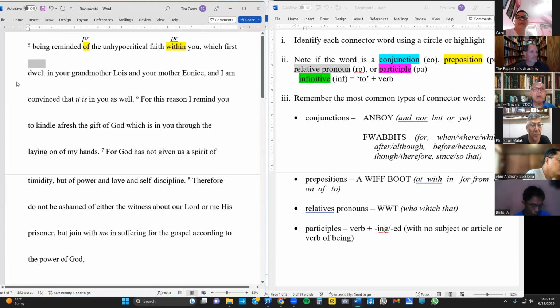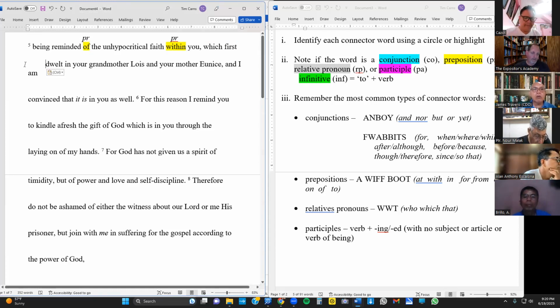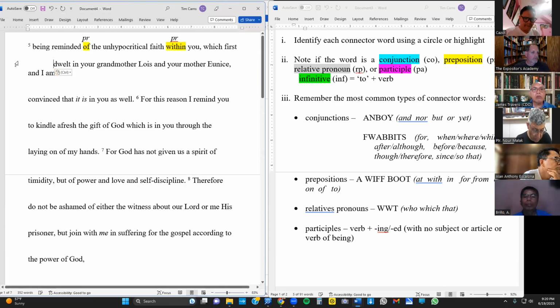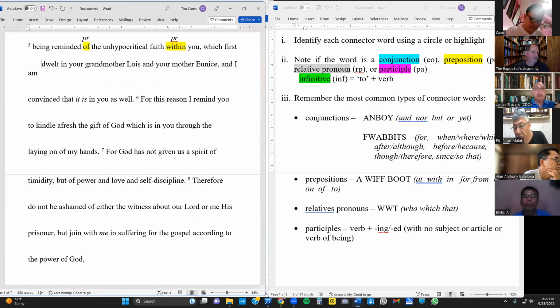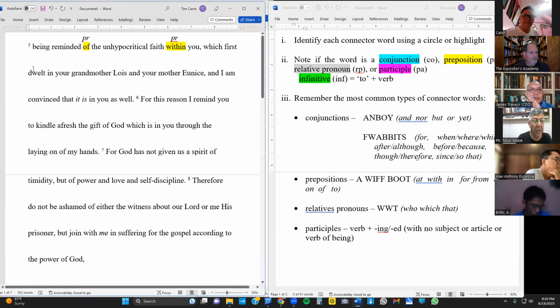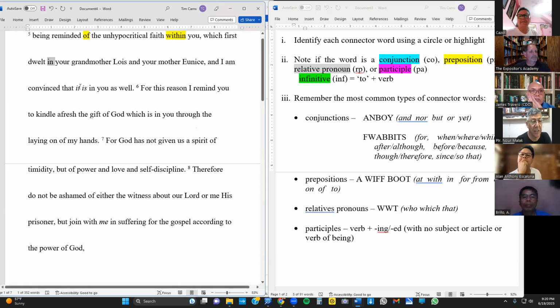And conjunction. Okay, and first dwell in you. Within you, sorry. And is that what you said? There is and there is in. Dwelt in. Oh, in. Okay. And what is that?